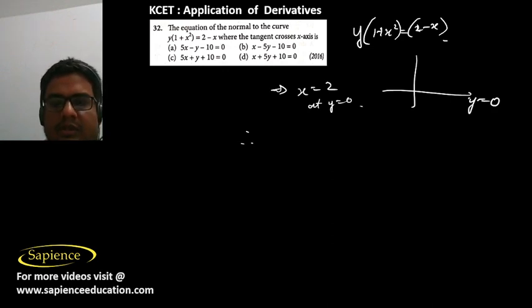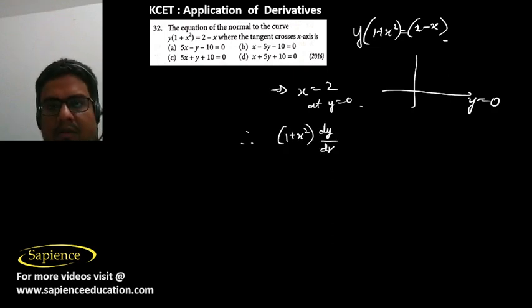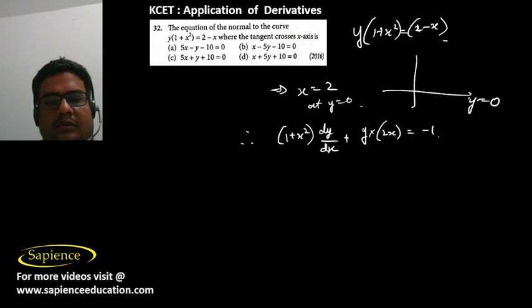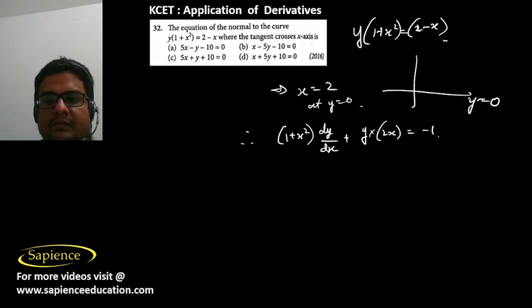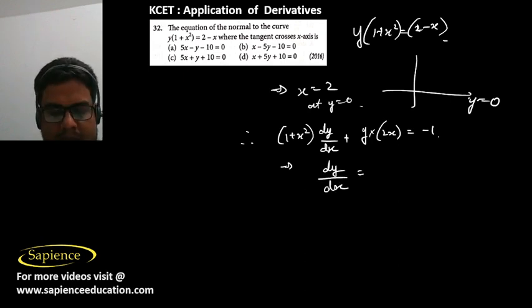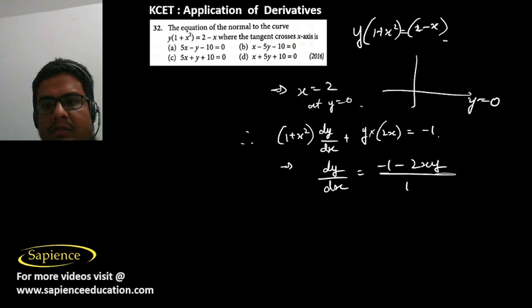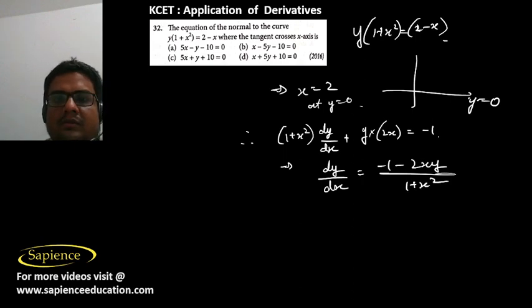If we differentiate both to 1 plus y, then dy by dx will be minus 1, plus slope at 2, 0.